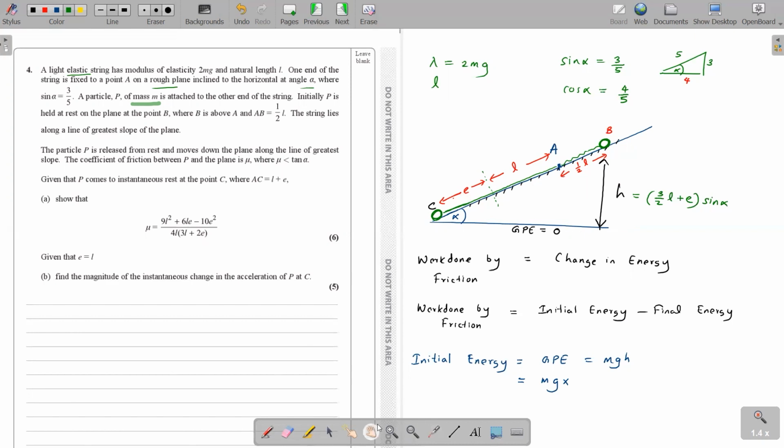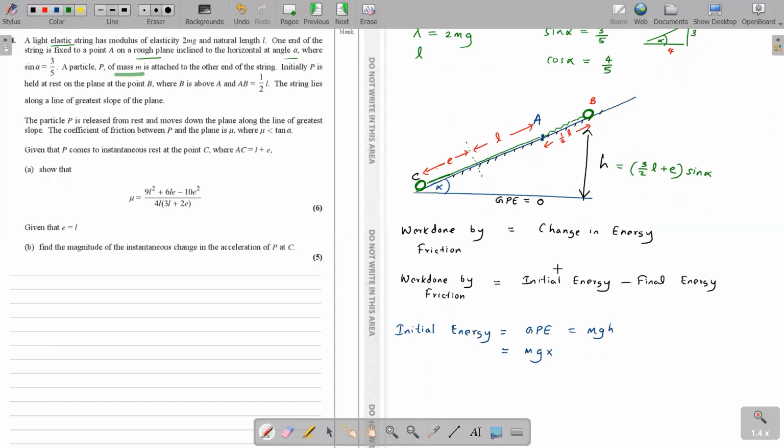So let's input the values. That is mg into 3 over 2L plus E, times sine alpha, which is 3 over 5.